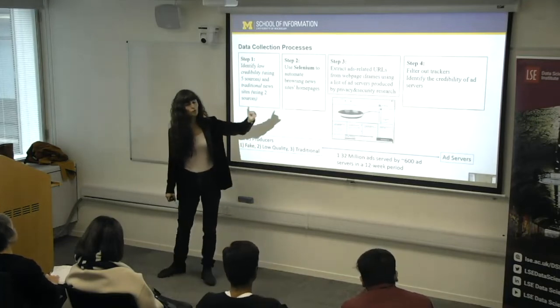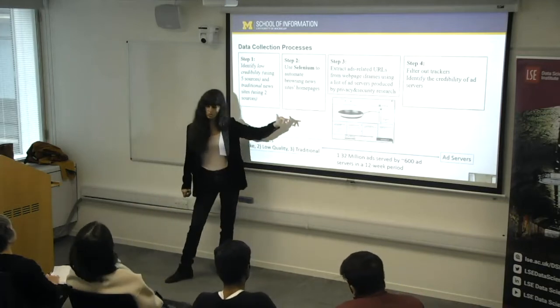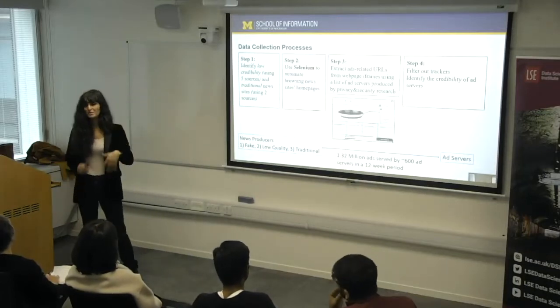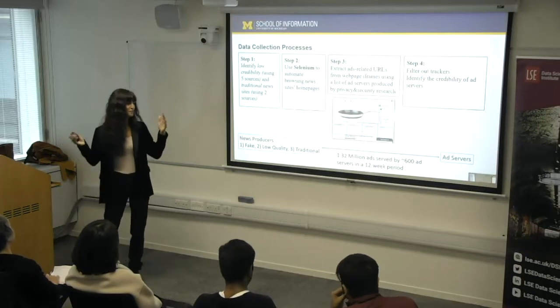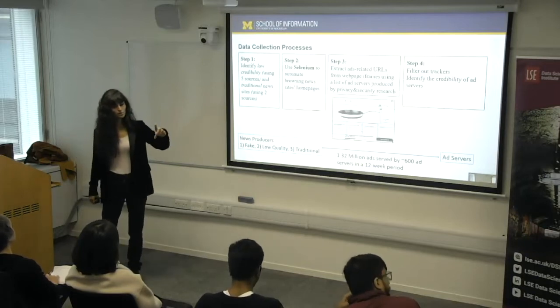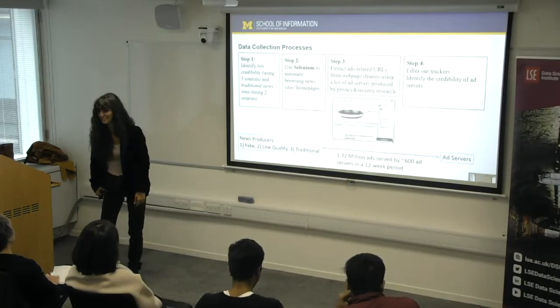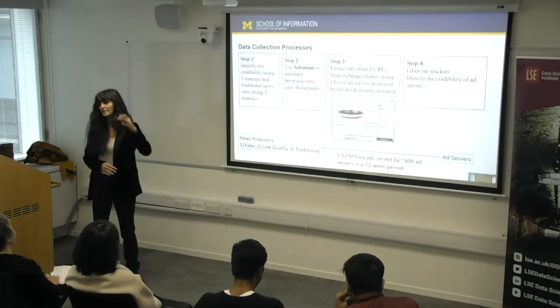For the credibility of the ad servers, we are relying on privacy and security researchers' lists, but we are extending that, because they change a lot. There are all kinds of shady ones that come up every day. So we look at the URLs in our list, and we actually have lots of malware and viruses there as well. We use that to extend those lists.